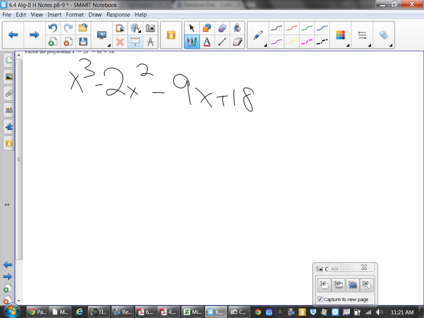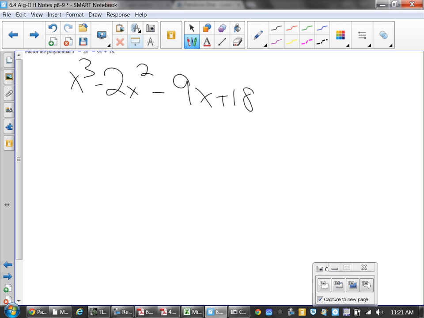Now, one of the things when you're factoring: the first thing you always look for is whether there is a GCF. After you see whether or not you have GCFs, then you start using all the other methods that you remember how to factor.